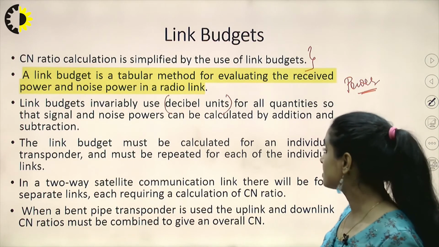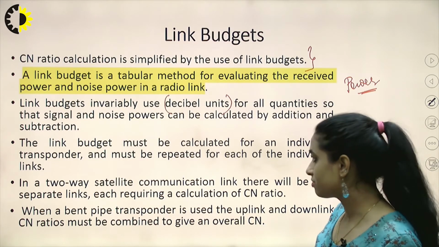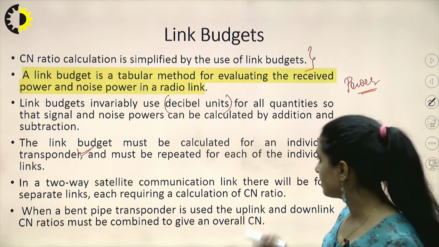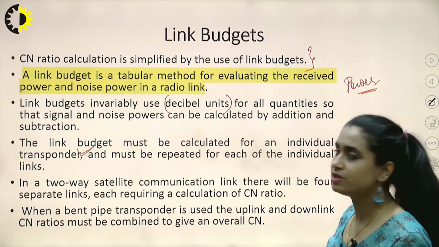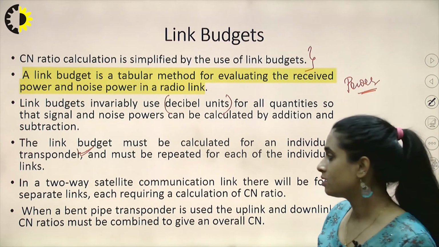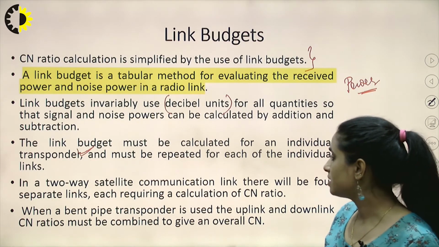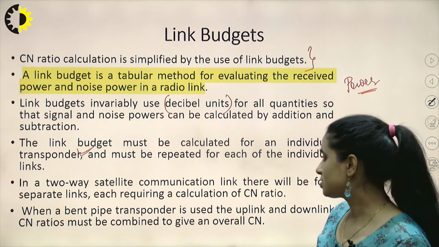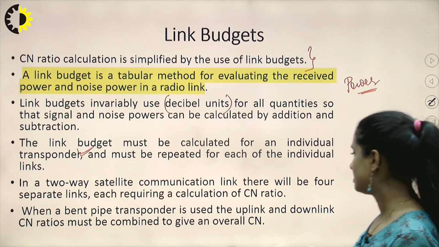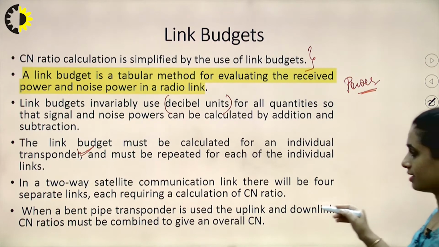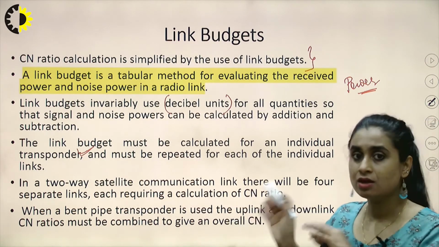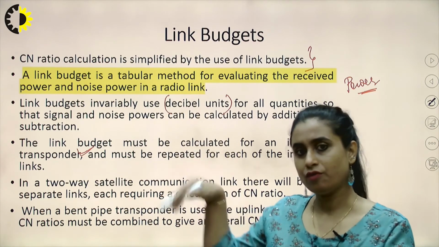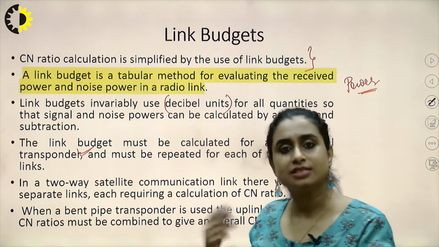The link budget must be calculated for an individual transponder, true. This approach must be repeated for each of the individual links, right? So in a two-way satellite communication link, there will be 4 separate links, each requiring a calculation of C/N ratio. For two-way satellite communication, where the satellite is communicating with the transmitting and receiving earth stations, there are 4 links that have to be established separately, right?